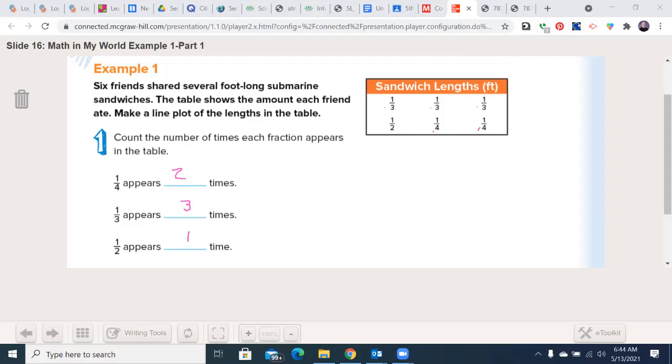So you have a 2, a 3, and a 1. Essentially, all I did was count the number of times each one showed up. Let's go ahead and write those down: 2/4, 3/3, and 1/2. All right, I'm going to go ahead and clear the screen, not the video.